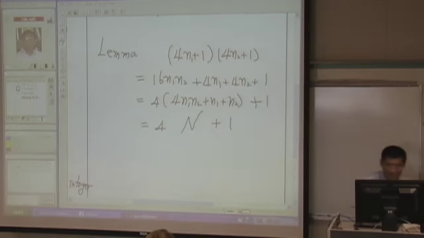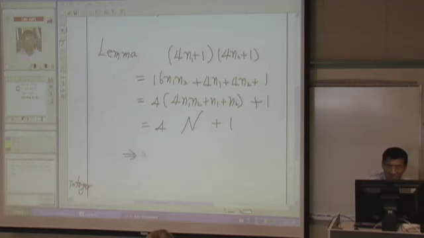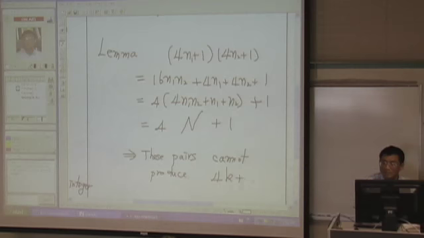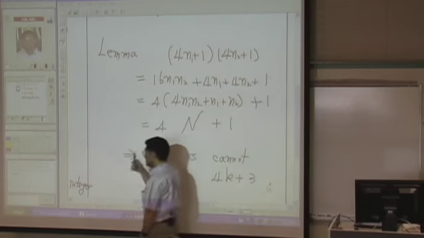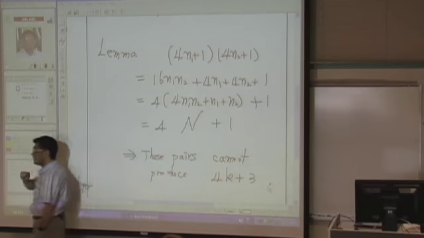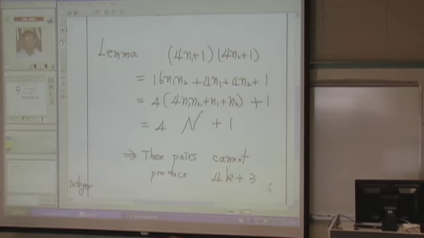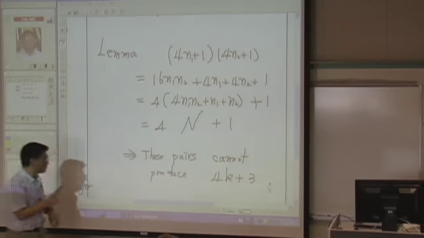What is the thing that you want to consider? These pairs cannot produce 4k plus 3 pattern, right? In other words, assume that we multiply 4n plus 1 pattern, a pair.